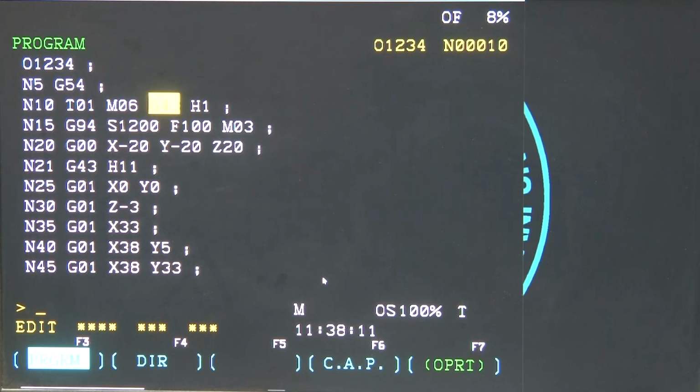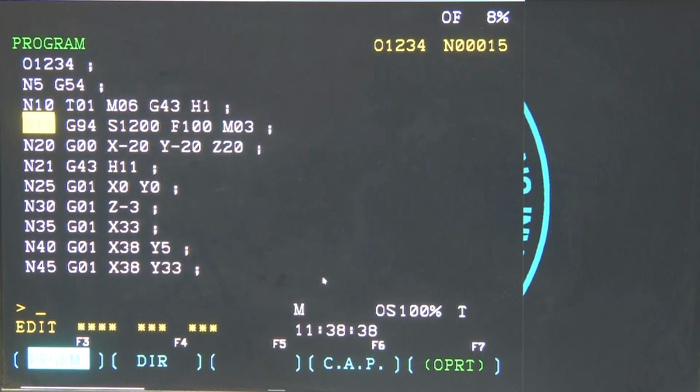So, that compensation is required, so that the coordinates can be considered from the center of the milling cutter, and not from the peripheral point. Next is H1. H1 is the offset value for tool length compensation for tool number 1. So, what is the value that has to be given afterwards?